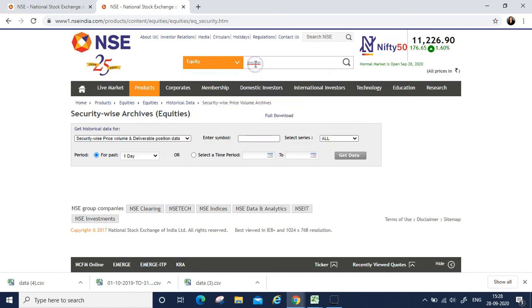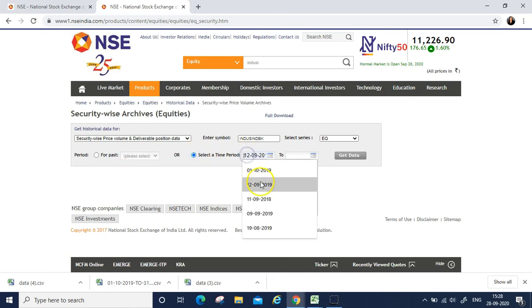So this is the script for IndusInd Bank, INDUSINDBK. I am selecting the equity because I need equity data, and I'll keep the same time frame.